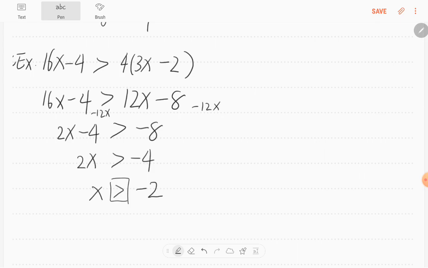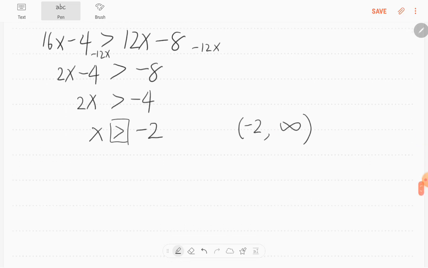Okay, so the interval notation is negative 2, comma, positive infinity, with a parenthesis. For the number line graph, if this is 0 here, we locate negative 2 here, but negative 2 is not included. We use the parenthesis, so this would be our line graph for this solution.